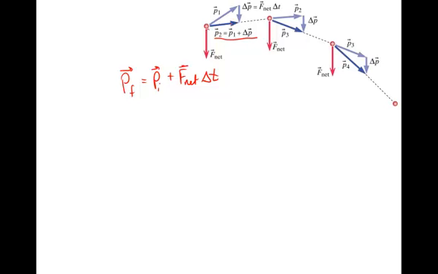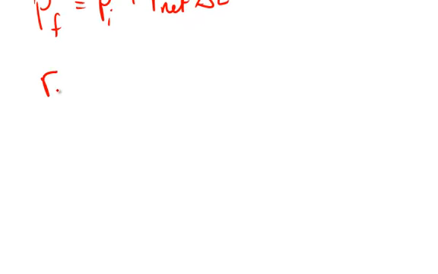Now, to figure out the next position of the object, I'm going to go ahead and find R3. That's this position right here. So R3 is going to be equal to R2 plus V2 delta T, where this velocity here is the velocity resulting from this momentum.